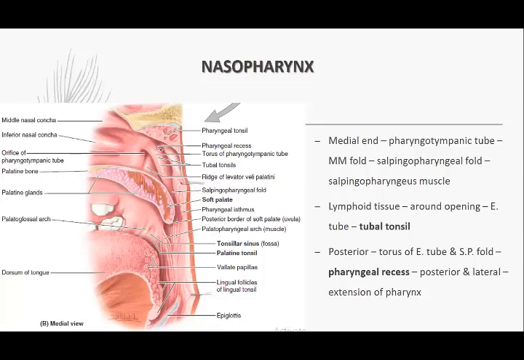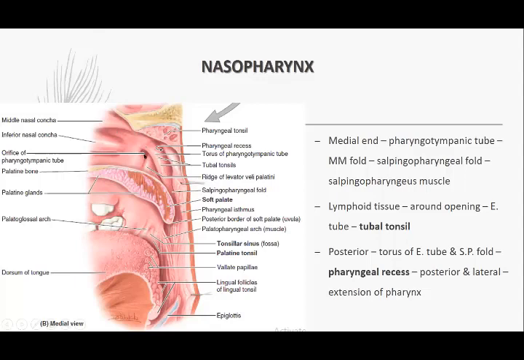So अभी हमने बात की थी pharyngeal tonsil की. Now I'm talking about a tonsil which surrounds the opening of the pharyngo-tympanic tube. Since ये tube को surround कर रहा है, तो it will be called a tubal tonsil. ठीक है? So अब दो कर लिए tonsils हमने. ये pharyngeal tonsil है over here, and this is the tubal tonsil.